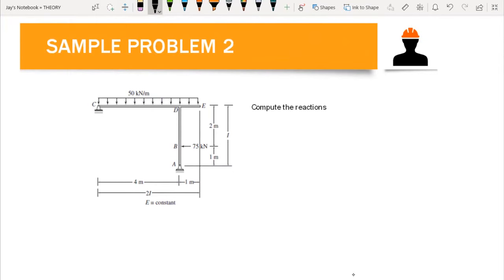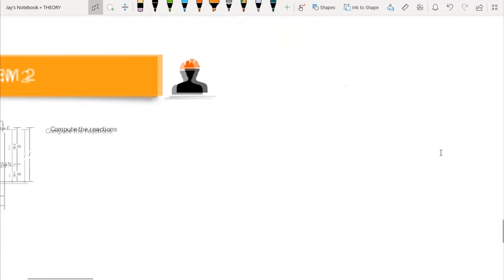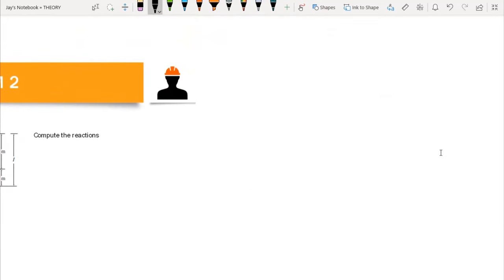So we can divide this frame structure into 3 members: CD, DE, and DA. We begin at member CD. We have this free body diagram in which we have the uniformly distributed load, 50 kilonewton per meter.